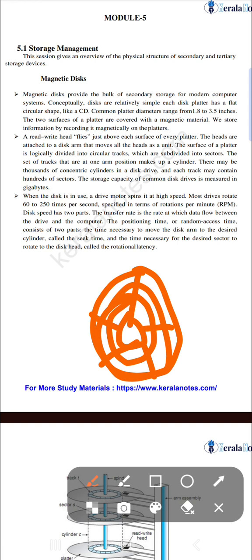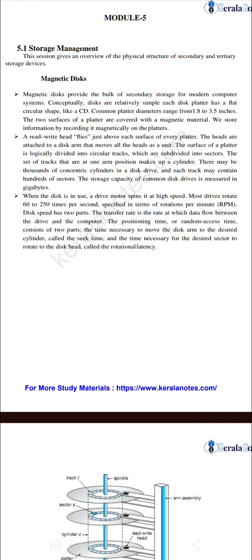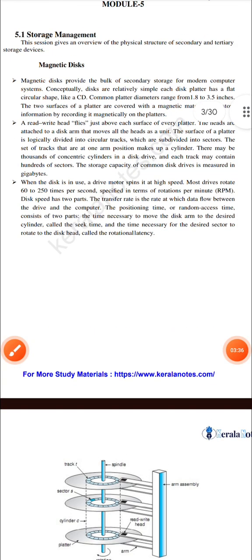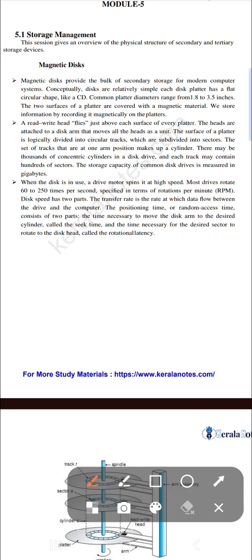So the set of tracks at one arm position makes up a cylinder. Here it says there may be thousands of concentric cylinders in a disk drive.